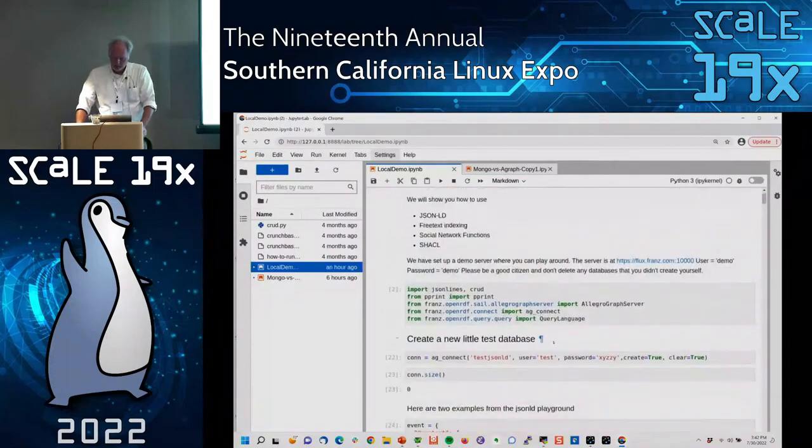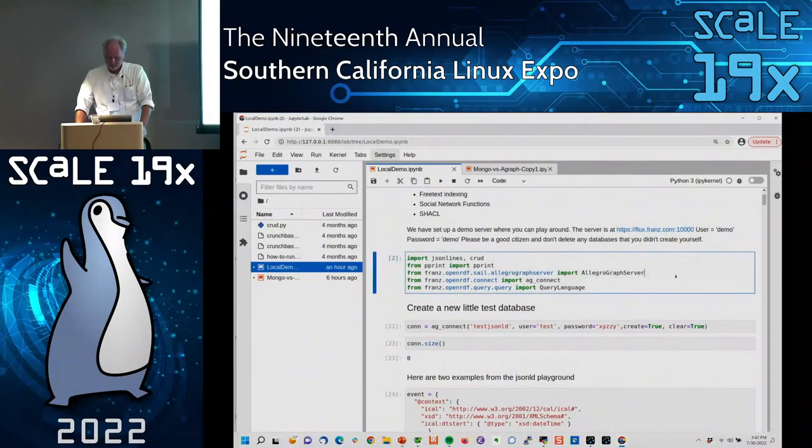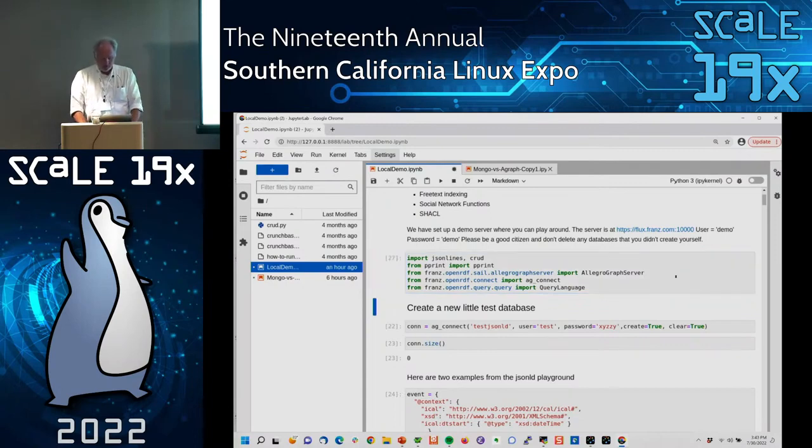So if you want to work with it, then here's a Jupyter Notebook that we make available. So you can find it on our website if you just want to play with JSON-LD and add objects to the database. And so you could make a new database, and then 0 objects in it.